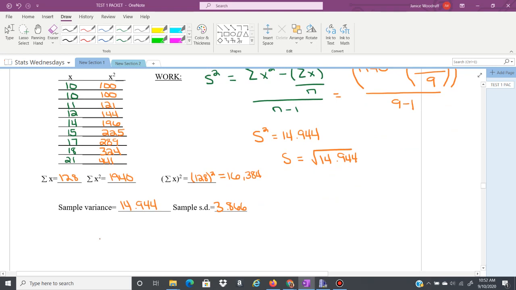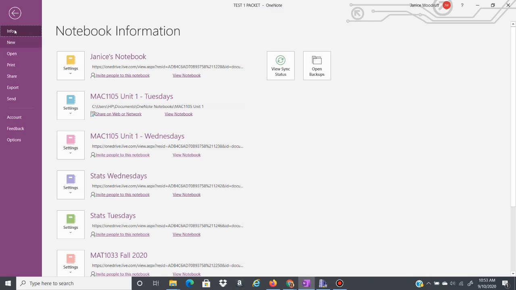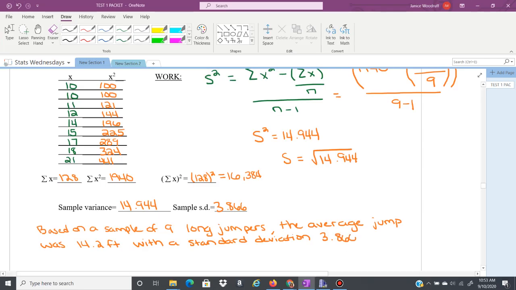So we could say, based on a sample of 9 long jumpers, they jumped an average, or the average jump, that was that X bar I pulled from the calculator, which was 14.2, with a standard deviation of 3.866 feet.